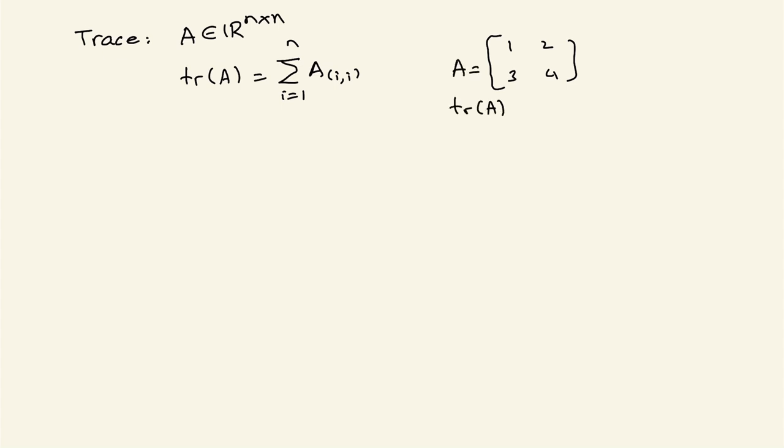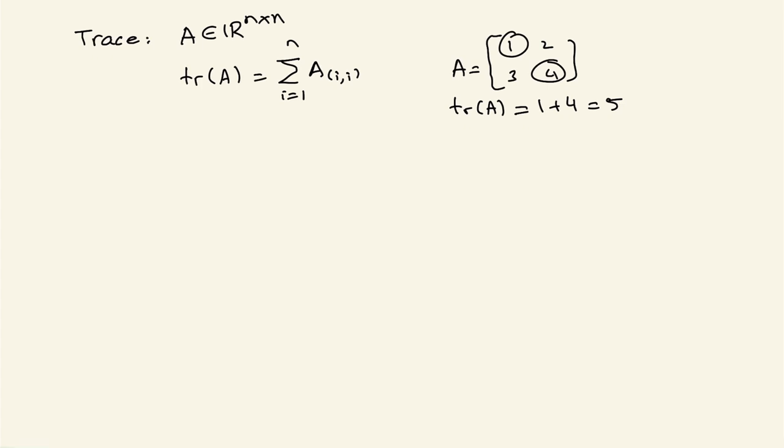So let's consider an n by n matrix. The definition of a trace is nothing but the summation of a_ii from i equals 1 to n. What does it mean? For example, let's say [1, 2; 3, 4] is this matrix A. Its trace, basically you are summing its diagonal elements, 1 plus 4, it is 5 in this case, applying the definition.